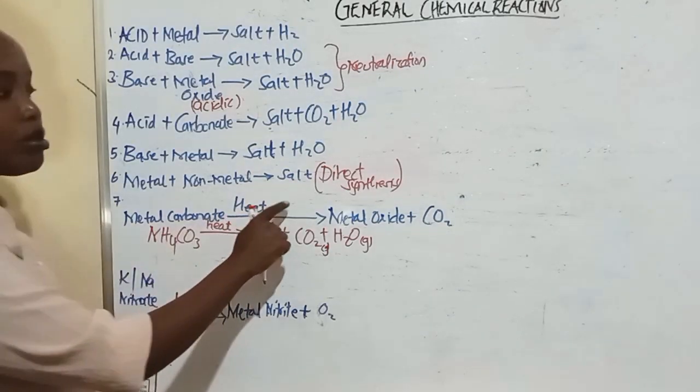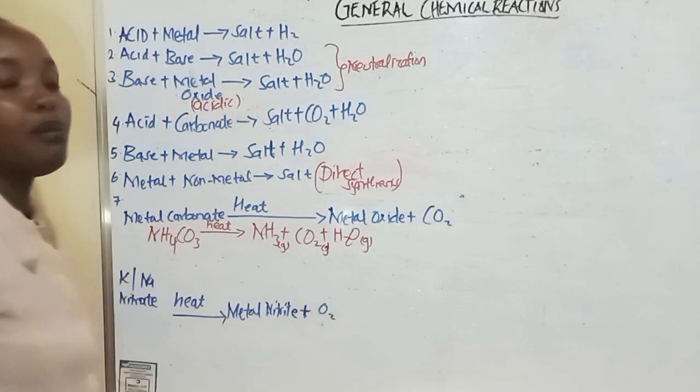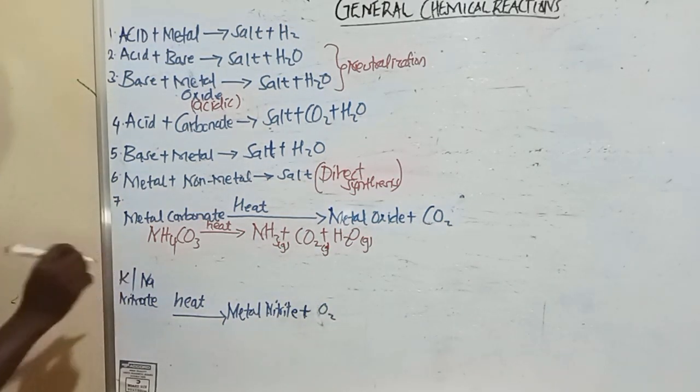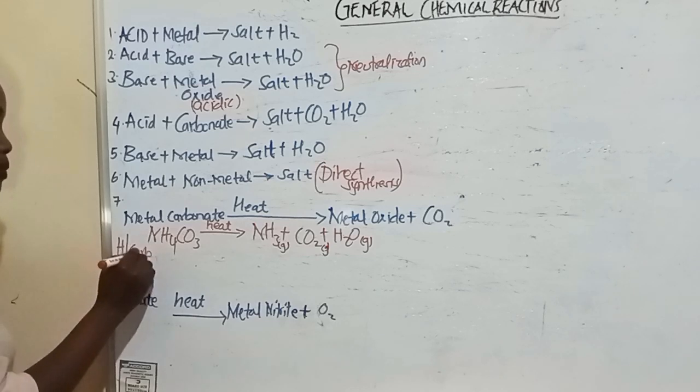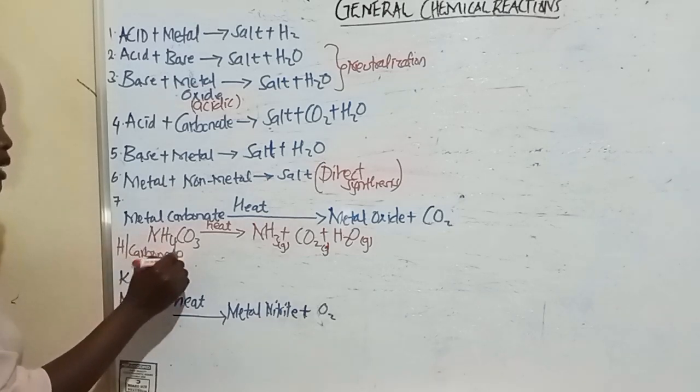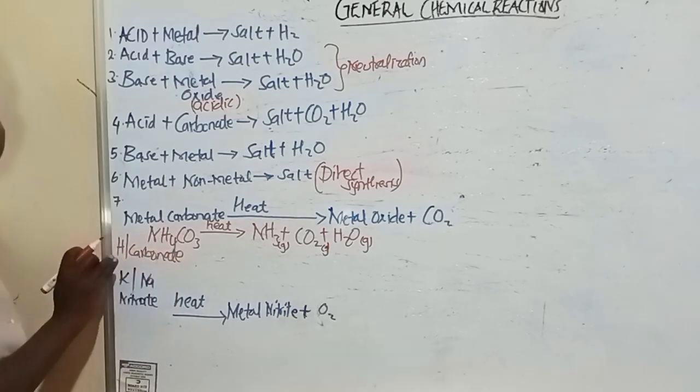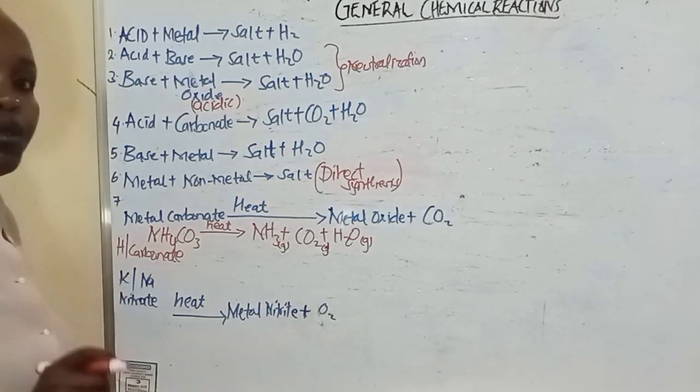Other metal carbonates, you heat them to get metal oxide plus carbon dioxide. When you talk about hydrogen carbonates, so let me write H carbonate. This represents hydrogen carbonates. So when you're heating hydrogen carbonates, what do you form?